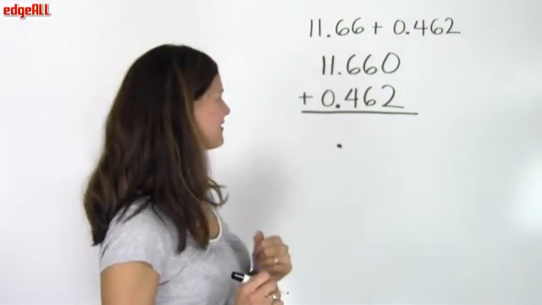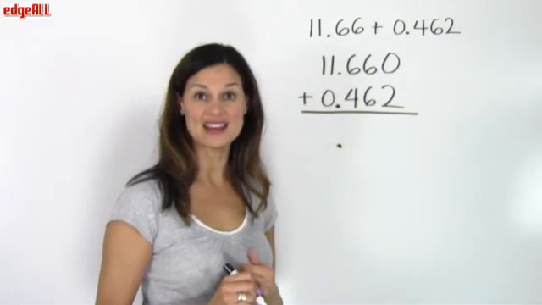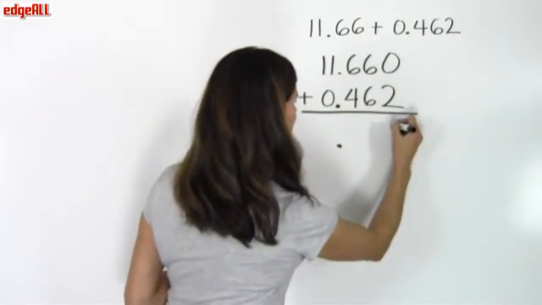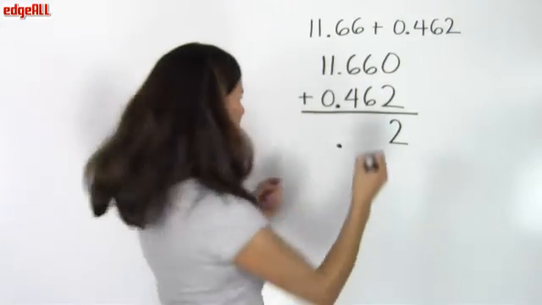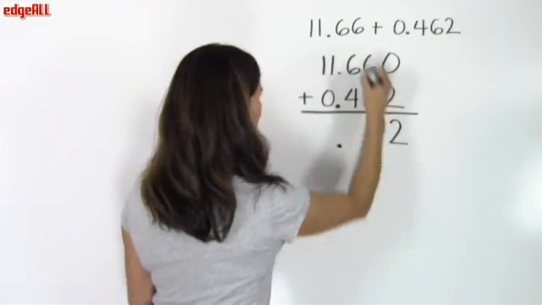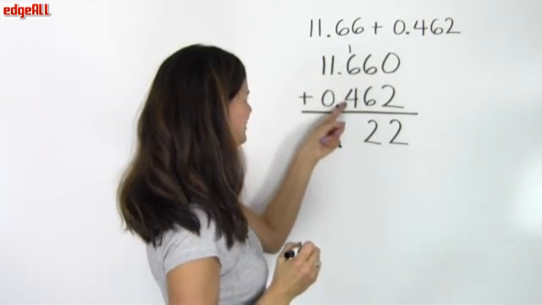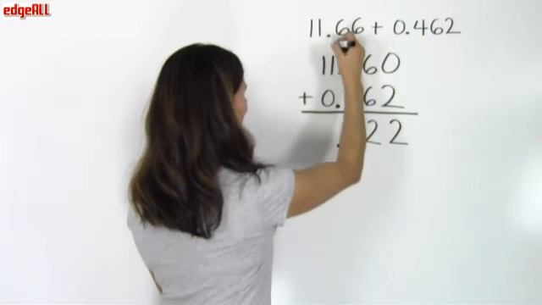And then, now that I've got it all ready, I just do the math as if I were adding two whole numbers together. So I add my 2 and 0 here. I add my 6 plus 6 is 12. So I put my 2 here and carry the 1. I add 6 plus 4 plus 1 is 11. So I put my 1 here and carry the 1.